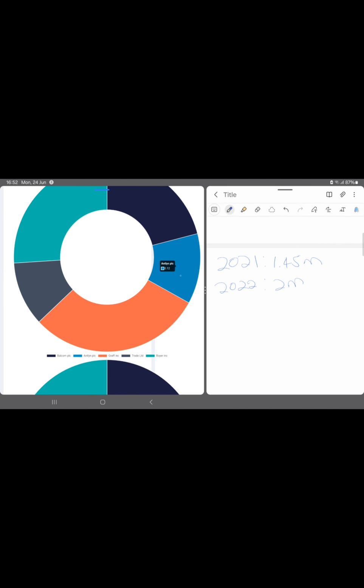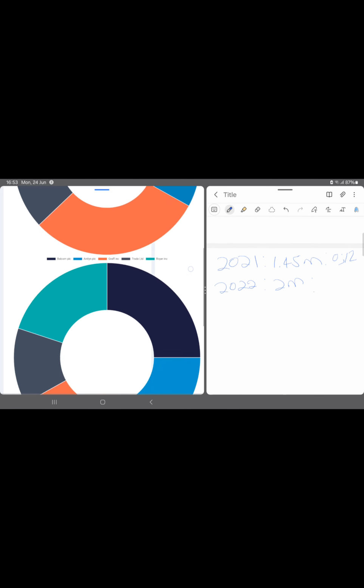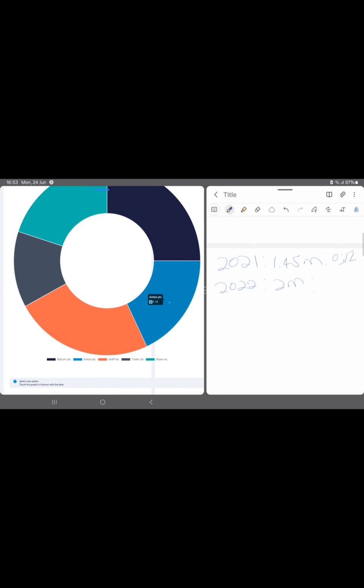Then we can see that for 2021, its share is 0.12. And then for 2022, the share is 0.18. So to get the total value for both 2021 and 2022, we will take the sum of the product of the percentage multiplied by the total revenue.